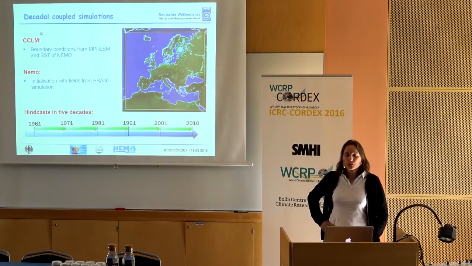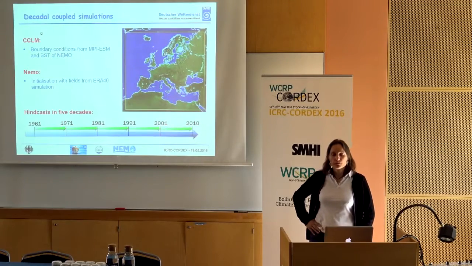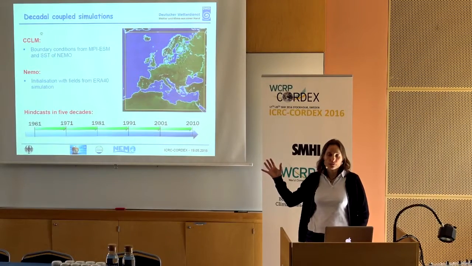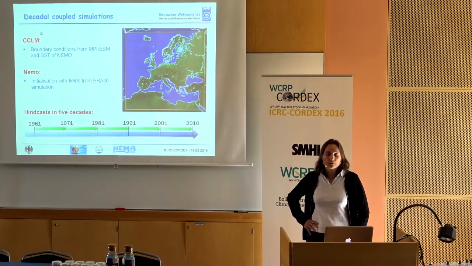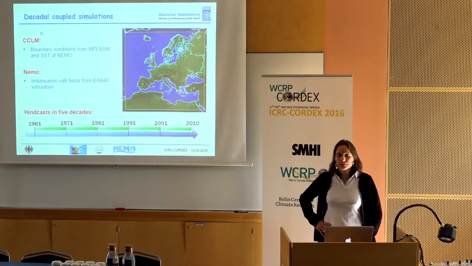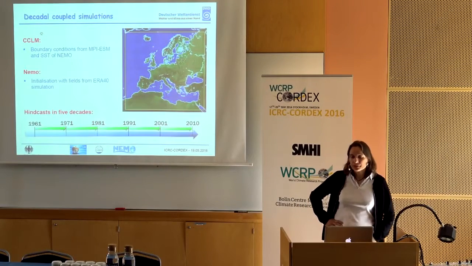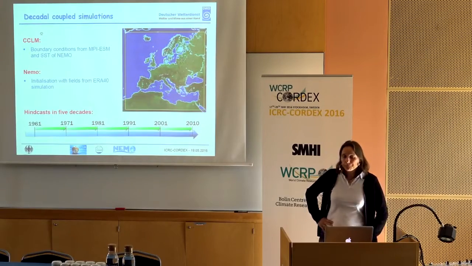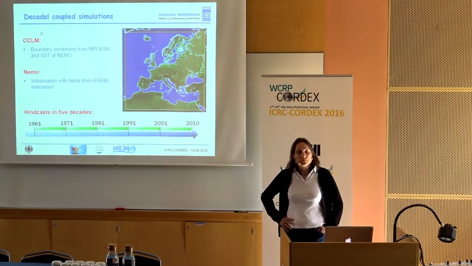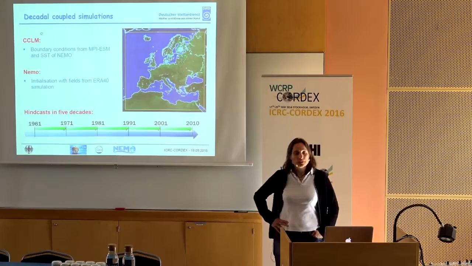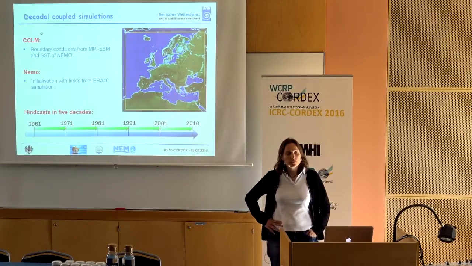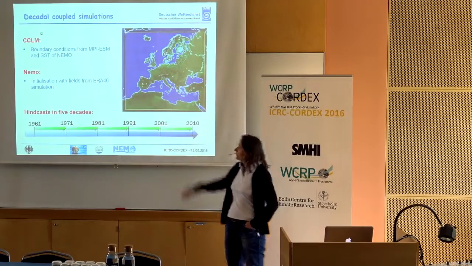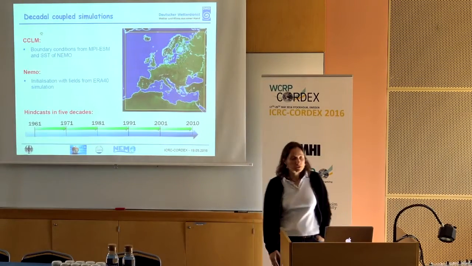So we have a bunch of regional downscaling runs which were done with atmosphere-only runs, and we followed this outline with our coupled runs so that we can later compare these experiments with the MiKlip outcomes. We use the initial and boundary conditions from the MPI-ESM global run, and we initialize the model at the beginning of each of the five decades and let the coupled simulation run.